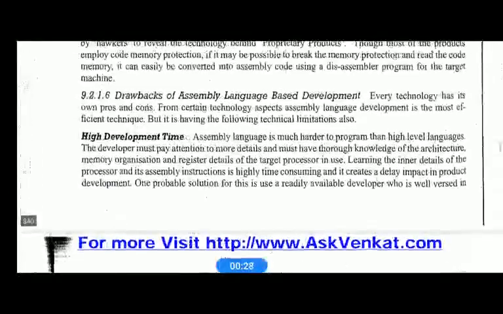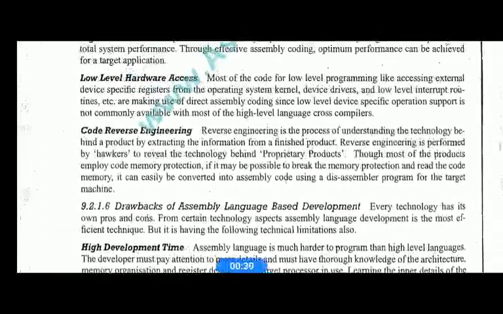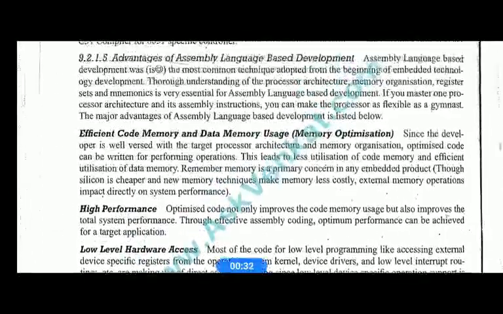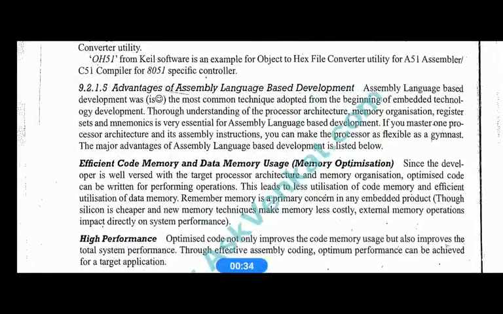Here you can see you have many advantages if you use assembly level language to design a firmware to develop our embedded system. You can easily understand this if you read the things here.